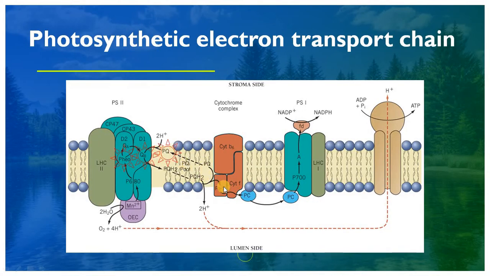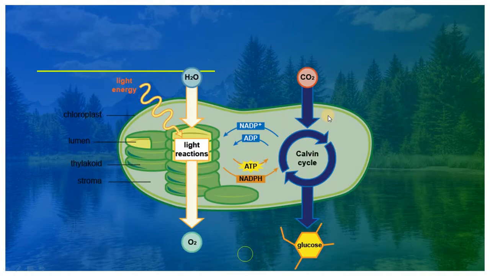Then through the iron core of the cytochrome complex. Then they will go on to another transmembrane protein, which is called plastocyanin, and then they will be transferred to the reaction center of the photosystem 1, which will then carry them to the ferredoxin, and then finally they will be attached to the NADPH.